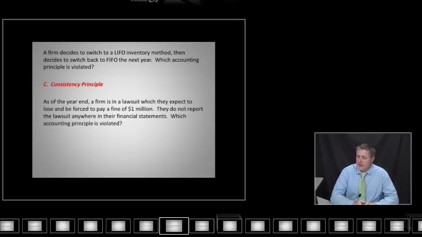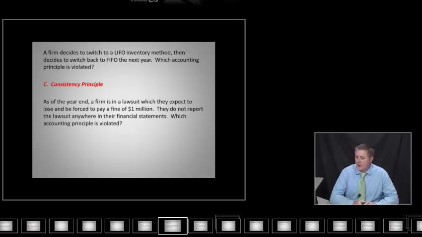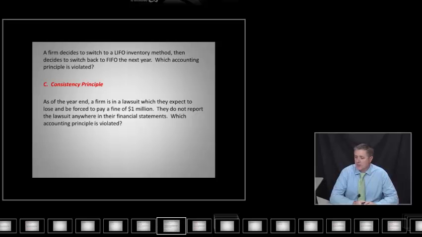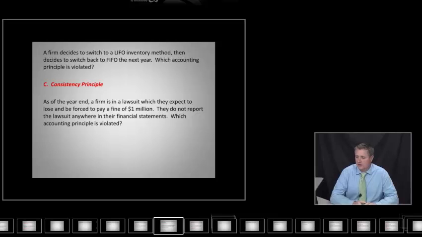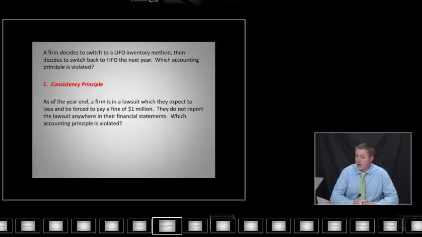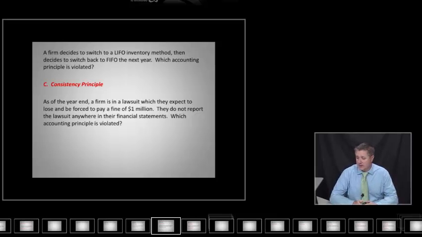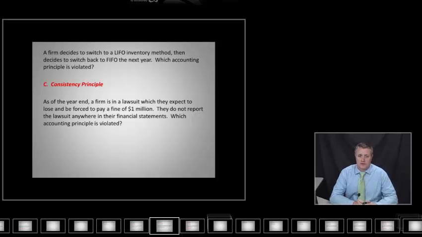All right, our next item. As of the year end, a firm is in a lawsuit which they expect to lose and be forced to pay a fine of $1 million. They do not report the lawsuit anywhere in their financial statements. Which accounting principle is violated?